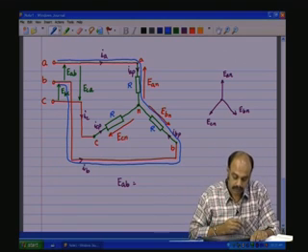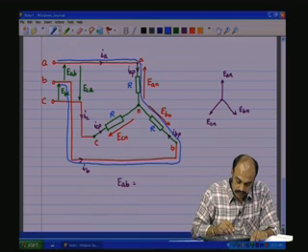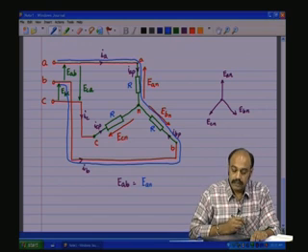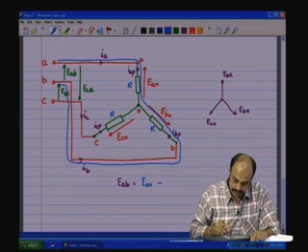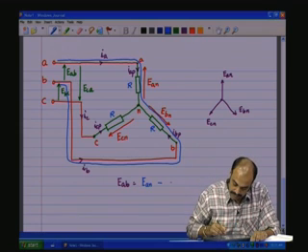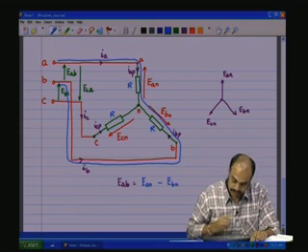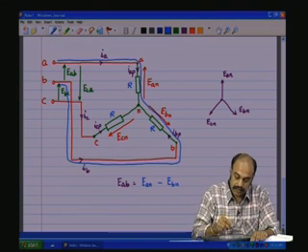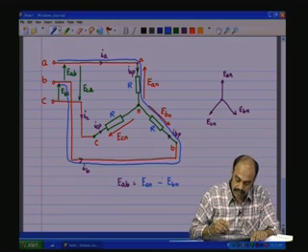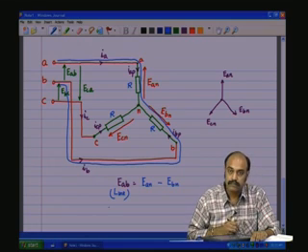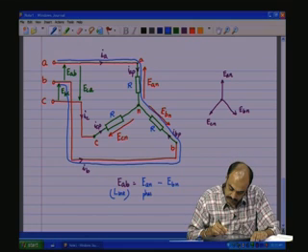So, for this loop, EAB is equal to EAN minus EBN according to the directions that we have assumed. So, EAN minus EBN is EAB, the line voltage. These two are the phase voltages, phase A, phase B.